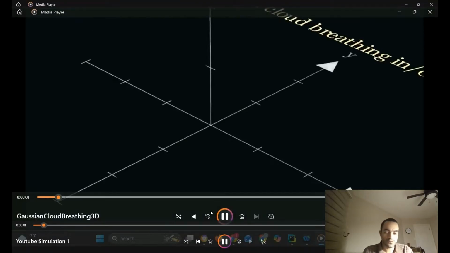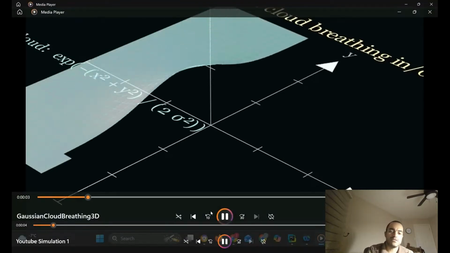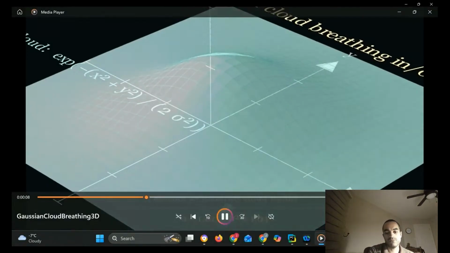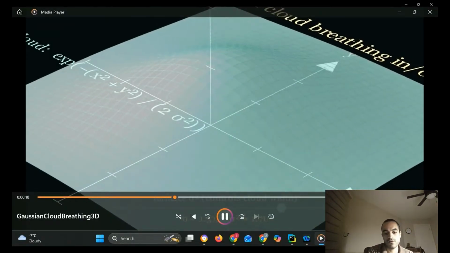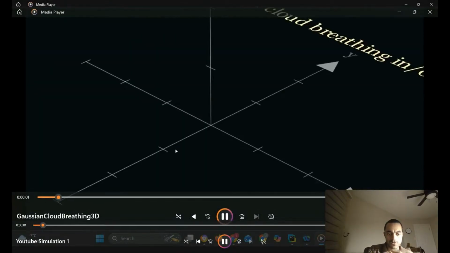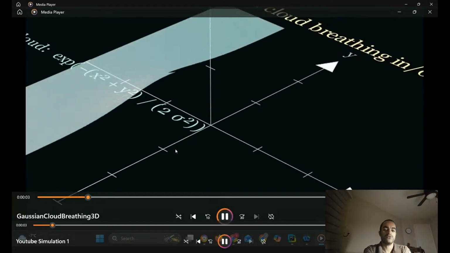So we have an XYZ axis again. Normally a bell curve is in the form of e to the negative x squared. e to the negative x squared in 2-dimensional space on the XY axis is a bell curve.